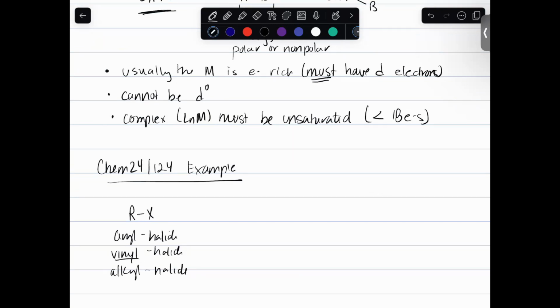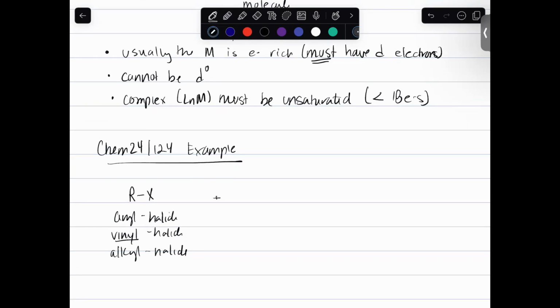Remember, vinyl is just a fancy word for alkene, plus magnesium metal. This introduces the magnesium in between the alkyl or aryl or vinyl group and the halogen, and this is, of course, a Grignard reagent.